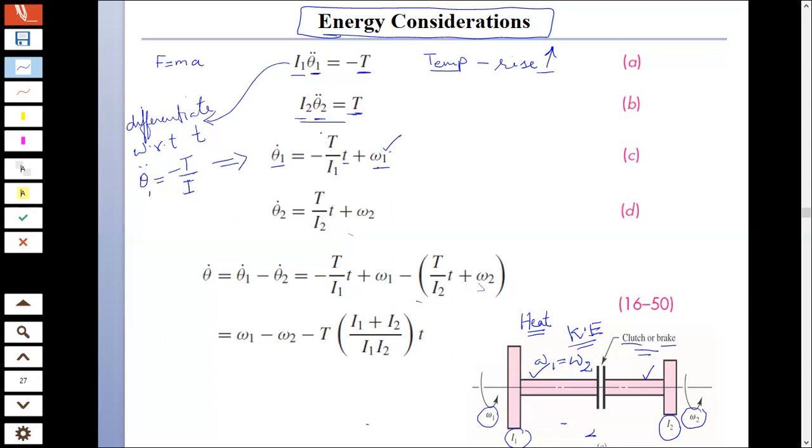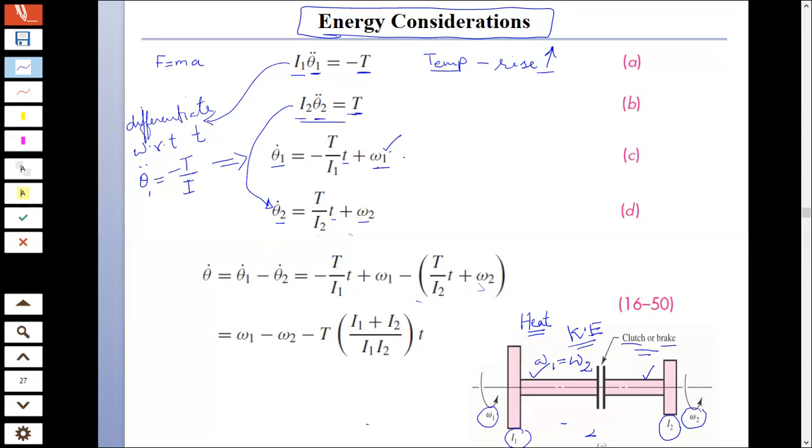Similarly, I can get the velocity from equation B, that is theta 2 dot equal to T over I2 times t plus omega 2.